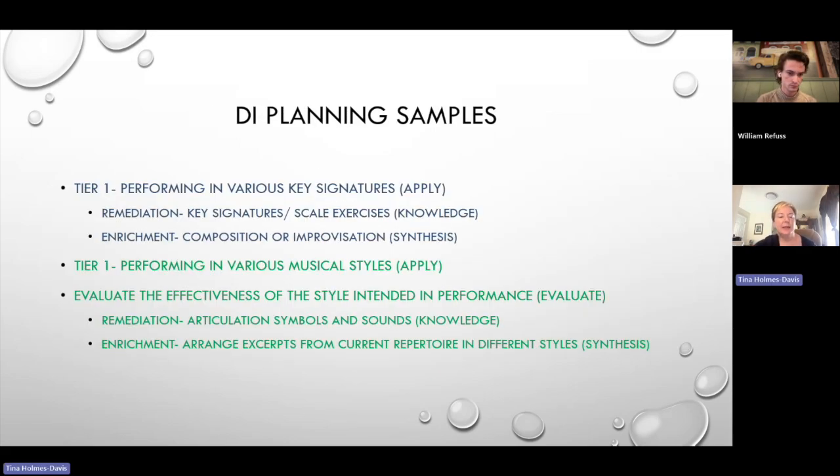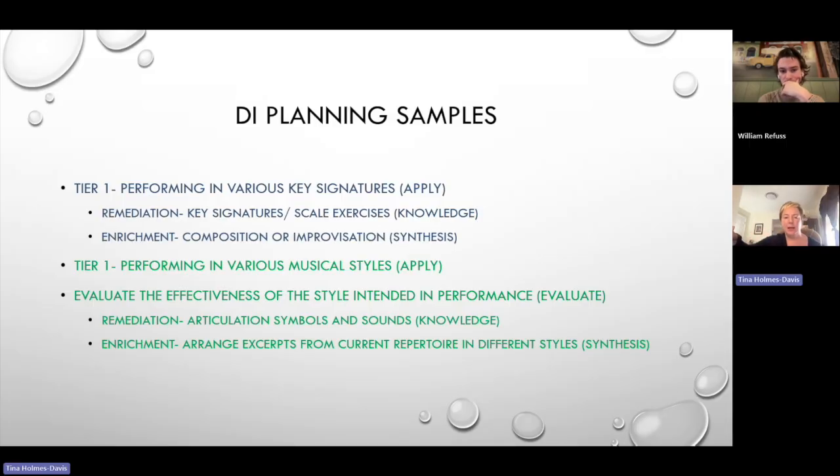Let's see. So here are some examples. Here, the blue or gray or whatever color that is, we are performing in various key signatures, which is a Bloom's apply. So our remediation group, they might be on musictheory.net. They might be on a worksheet, whatever you've got, reviewing their key signatures and scale exercises. So key signatures writing, scale exercise maybe playing so that they can get ready to play in the various key signatures.